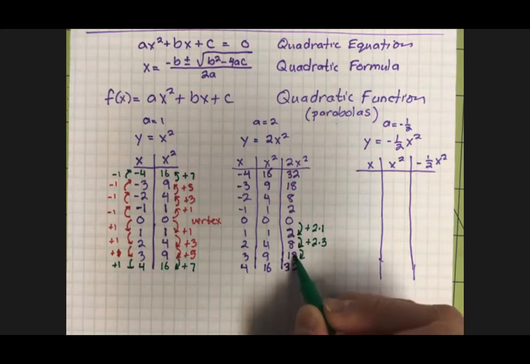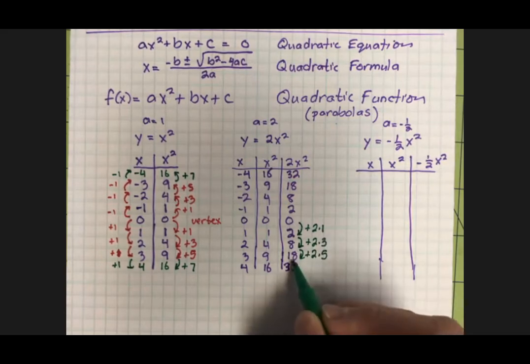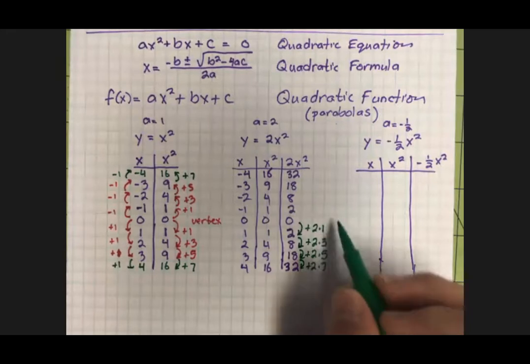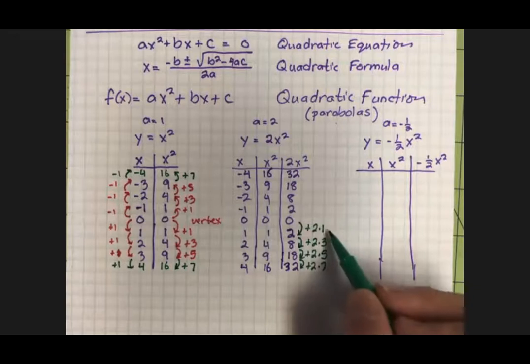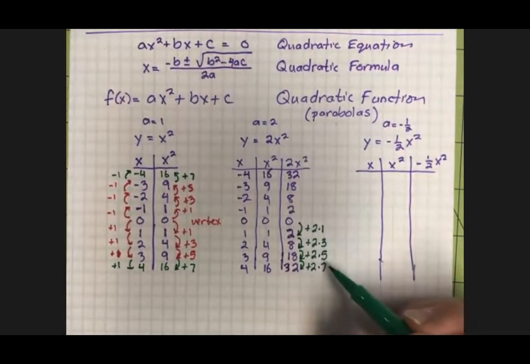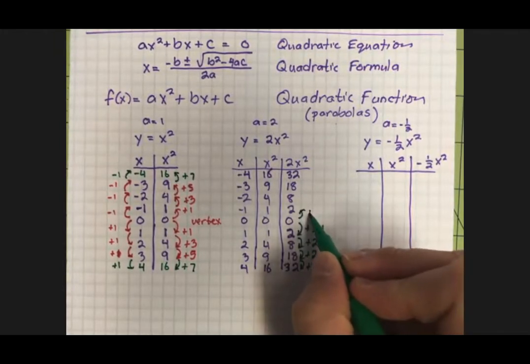From 8 to 18 is +2 times 5? And from 18 to 32? +2 times 7, 14 more. Do you see you don't have the 1, 3, 5 pattern? No, you do, except it's 2 times 1, 2 times 3, 2 times 5, 2 times 7. And likewise in this direction.